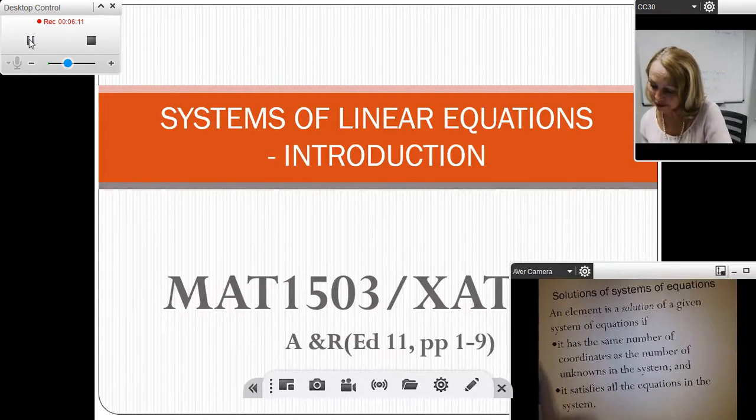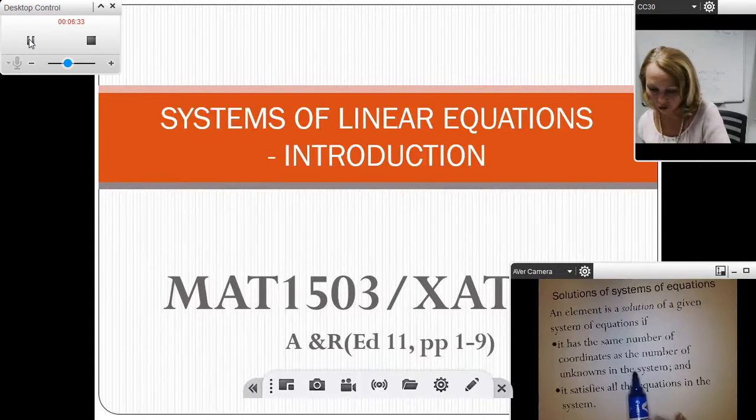The first is that the element has to have the same number of coordinates as the number of unknowns in the system. So if your system involves two unknowns or two variables, then your solution must also contain two variables. If you're working in R2, your solution has to be in R2.